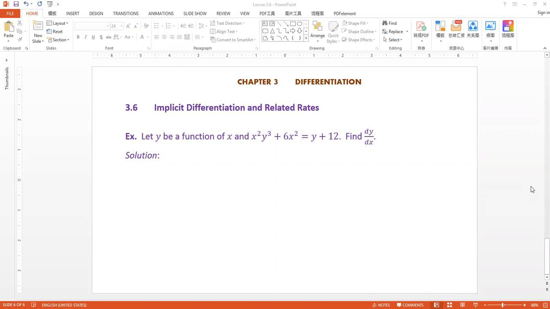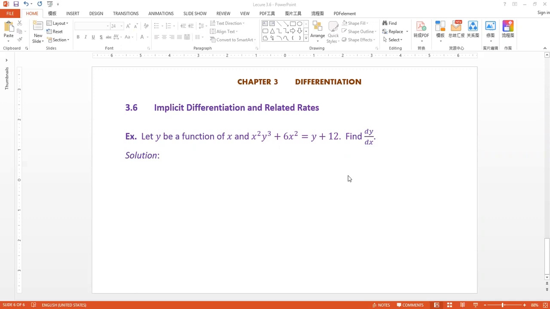So we have a function y defined implicitly by the equation x squared y cubed plus 6x squared plus y equals 12. In this equation, y is a function of x, but it's not written explicitly as y in terms of x. It's just an equation mixed with x and y. So in this case, we have to use the technique of implicit differentiation.